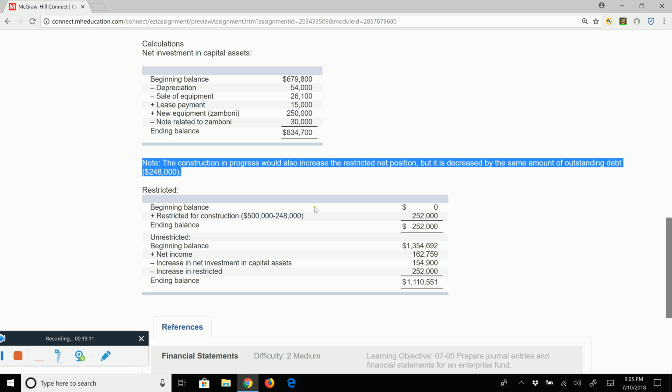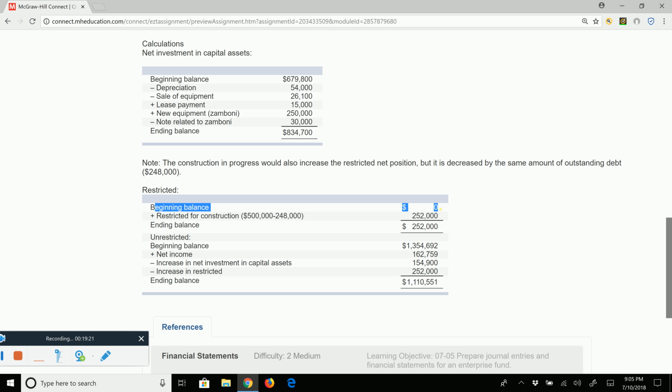So out of the $500,000, there is still $252,000 restricted. So the restricted, even though it started with a beginning balance of 0, we're going to add $252,000. It's restricted for construction, hasn't been spent yet, hasn't been associated yet with the fixed asset, but it's restricted for that.